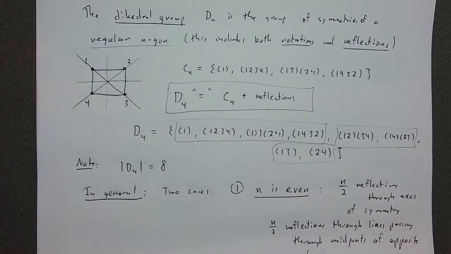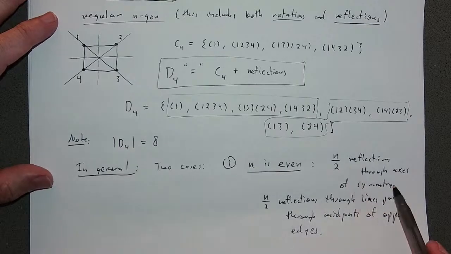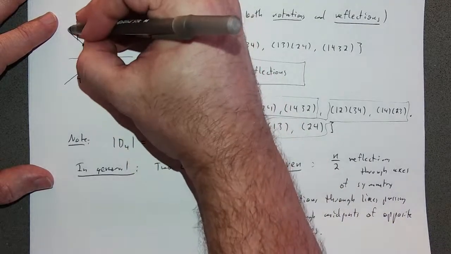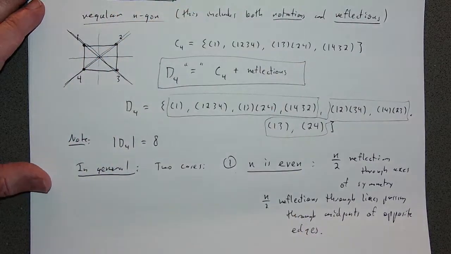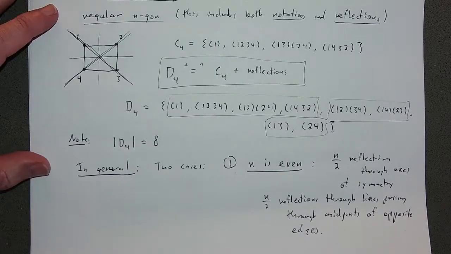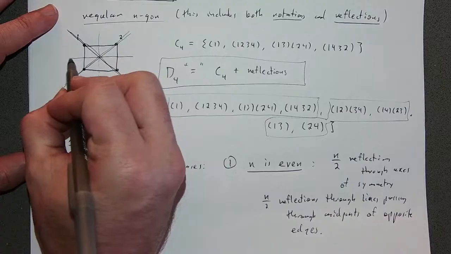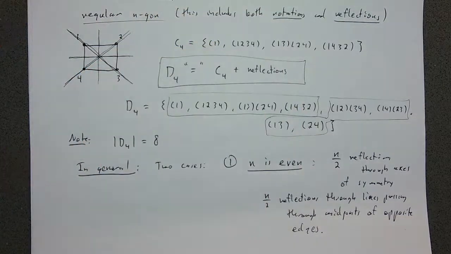So the square case is like 100% instructive here. We have 2 reflections through axes of symmetry, which are these lines that actually pass through opposite vertices in this figure. And then we have 2 reflections through lines passing through the midpoints of opposite sides.